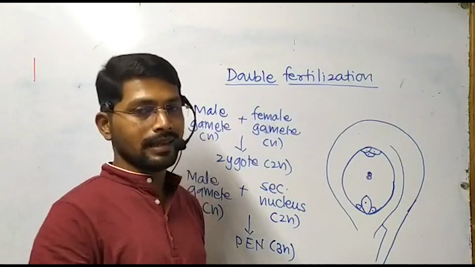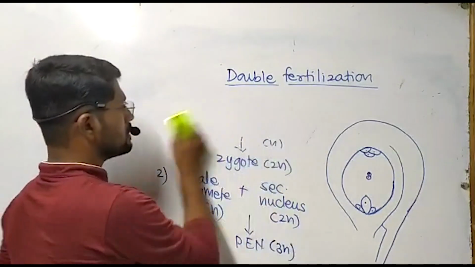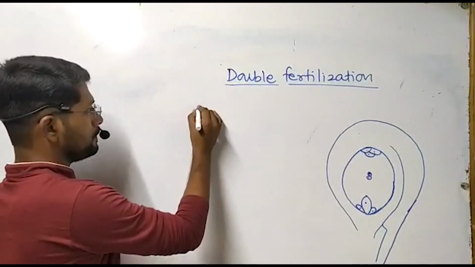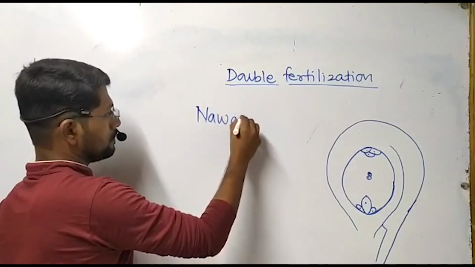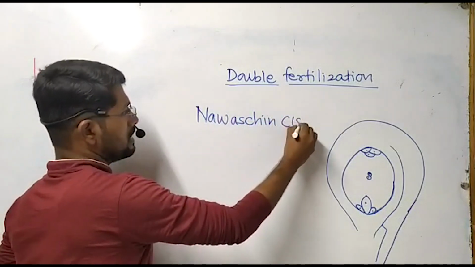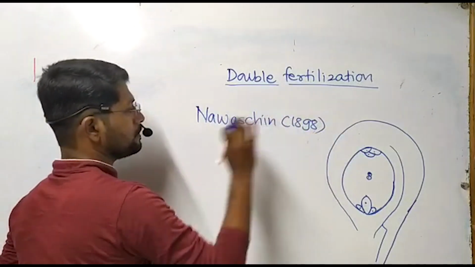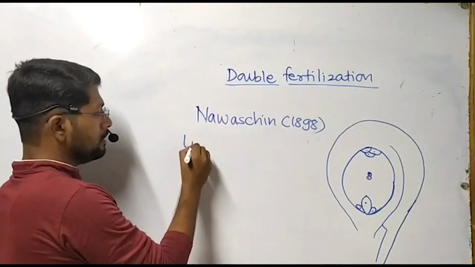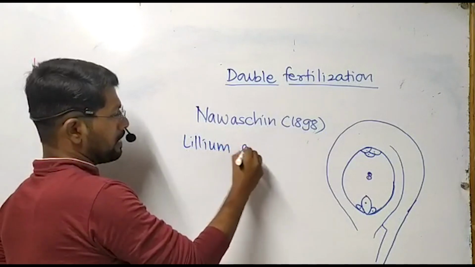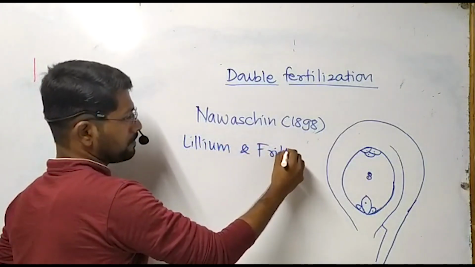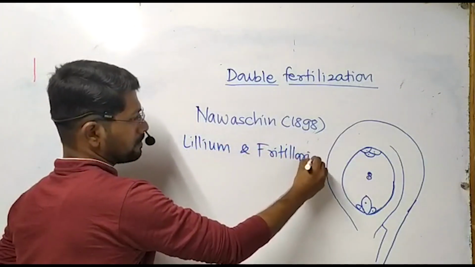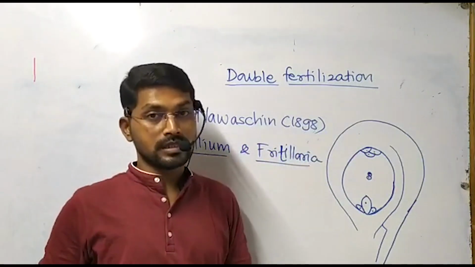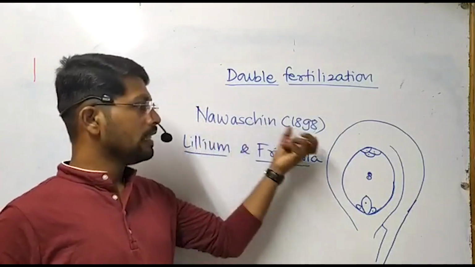Double fertilization in angiosperms was studied by Navashin in 1898, especially in plants like Lilium and Fritillaria. These are the well-known plants in which the double fertilization process was seen for the first time, and it was discovered by Navashin.